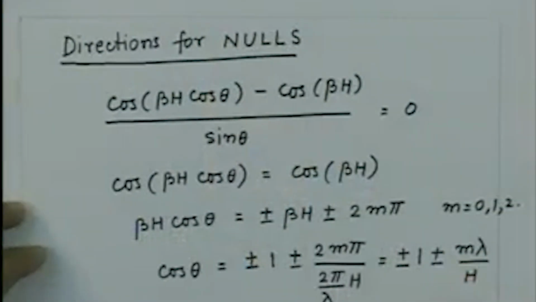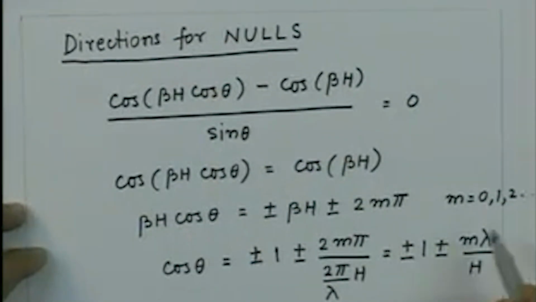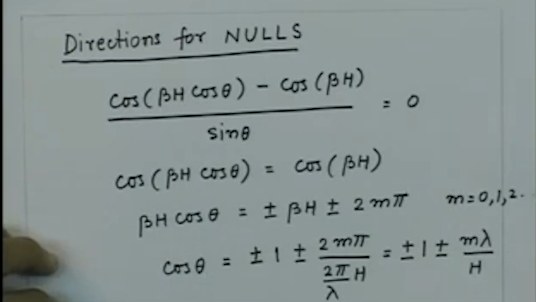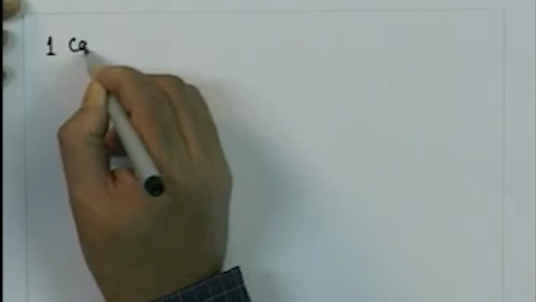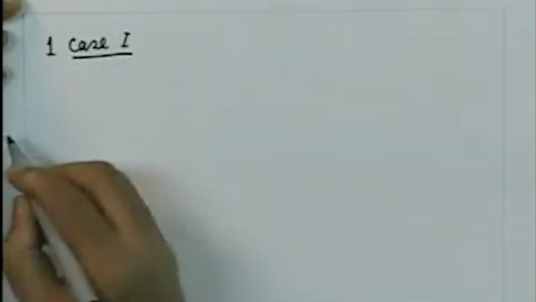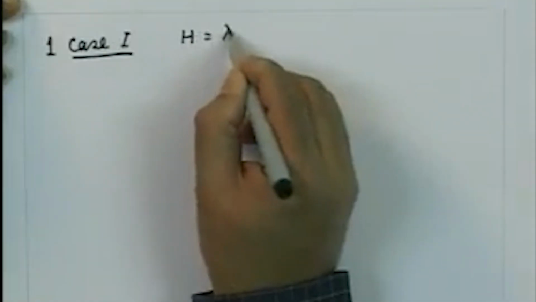So we can take some specific cases and find out the radiation patterns of the dipoles. So let us consider case 1, where h is equal to λ/4, that means the dipole is λ/2 long.